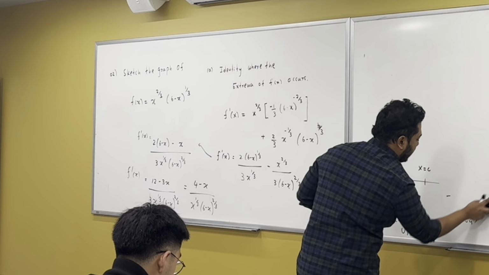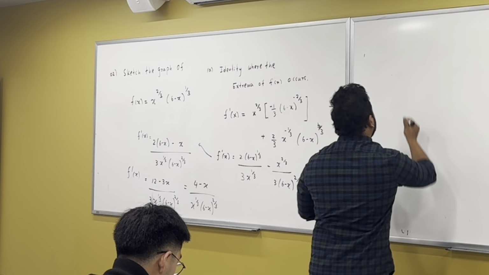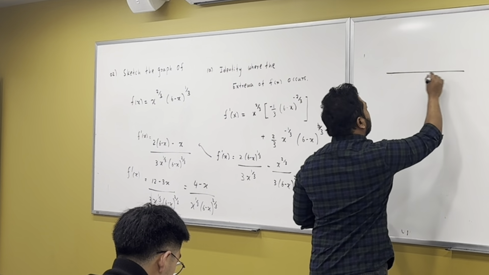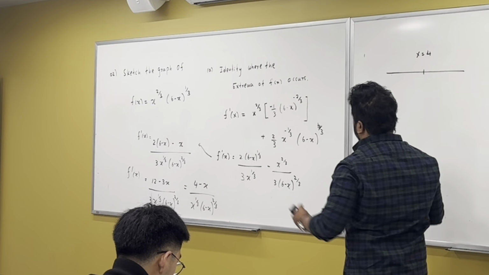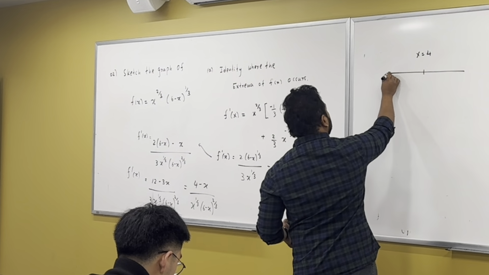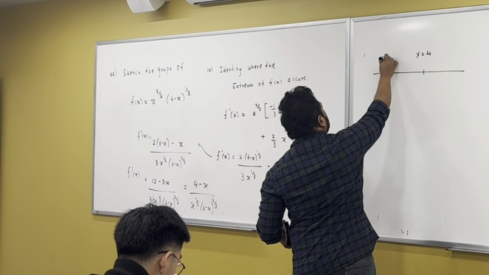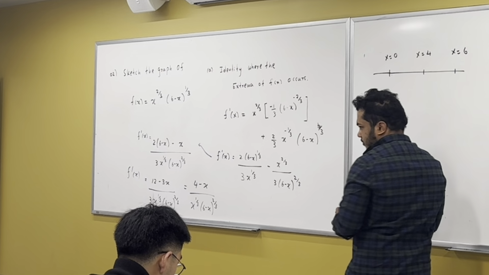I discuss where the function is decreasing and increasing. So 4 is important, but I also include 0 and 6 from the denominator. 0 and 6.